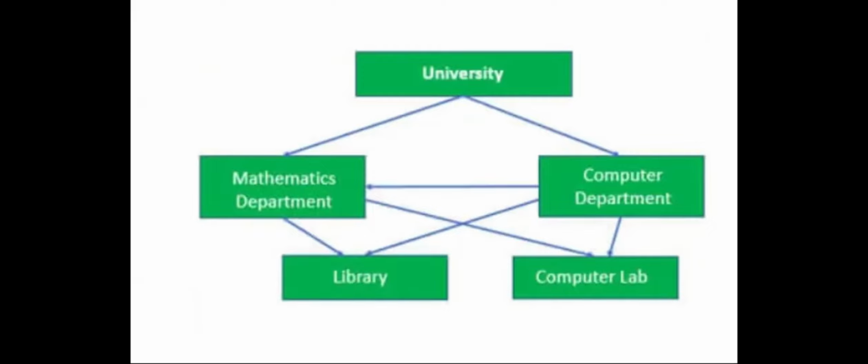So in here, you can see that there are connections which are forming cycles. Like university, there are two departments, which is computer and then mathematics. And both the students of mathematics and computer faculty and everybody can use the libraries and the computer lab. So this kind of model is called as a network model.